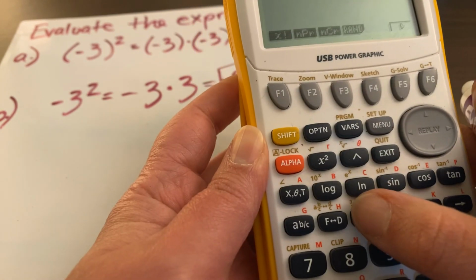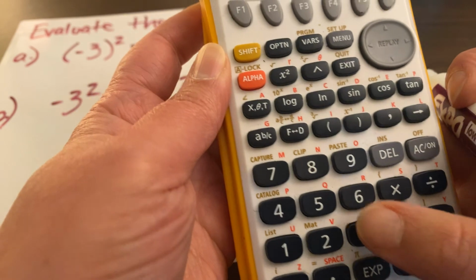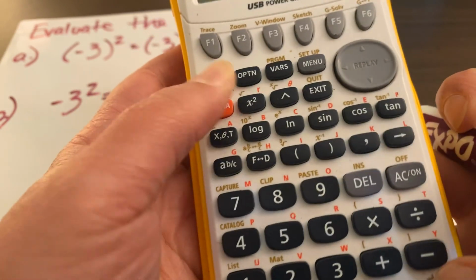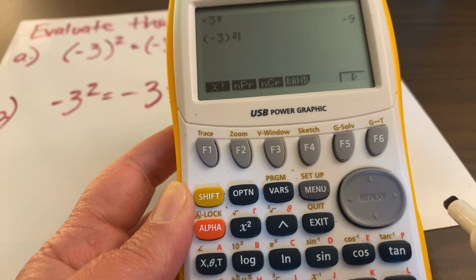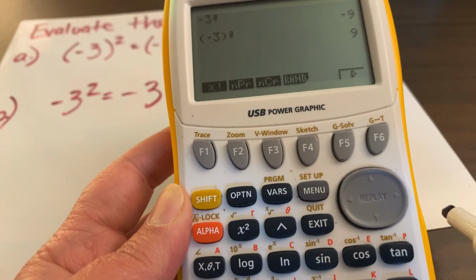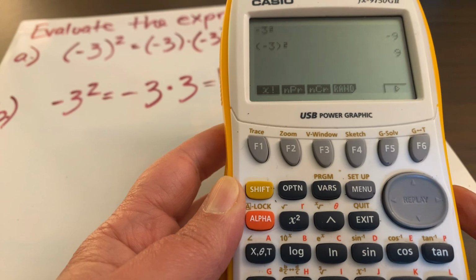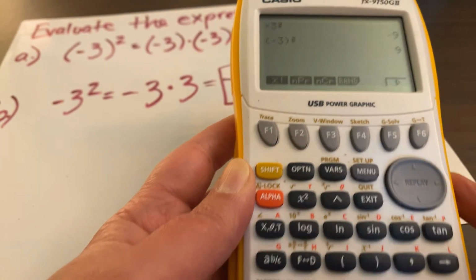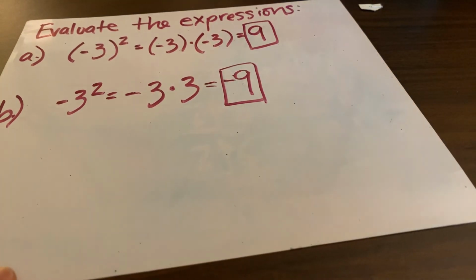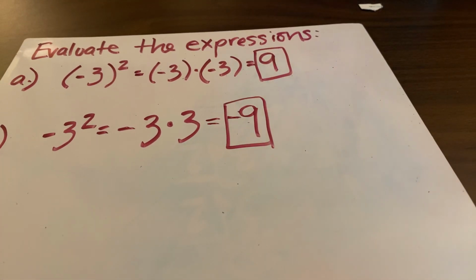But if I have parentheses, (-3) squared, right? What does that equal? +9. Okay, so when you are entering these things into your calculator, you need to be very careful. You need to be careful when you are writing them down. You just need to be careful all around, okay?